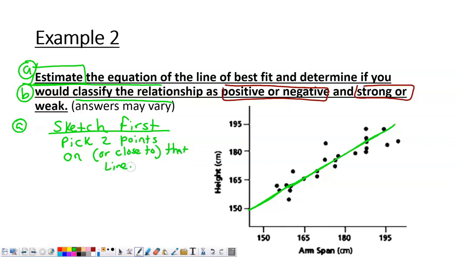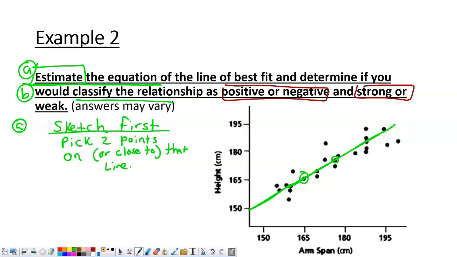So I said pick 2 points that are on the line. In this case, I'm going to go with this one, and I'll go with this one right here. Now, it's possible that where you chose to draw your line, even though that's the best line, maybe it doesn't actually touch any of the points. In that case, just pick any 2 points that are closest to that line.